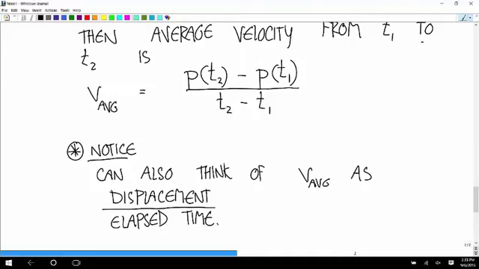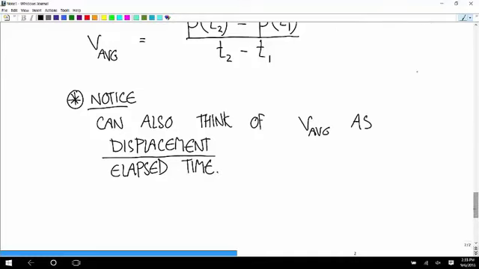The elapsed time is always positive. And the displacement can be positive or negative depending on the net direction that the thing moved. And so average velocity can also be positive or negative. And the sign has to match the sign of the displacement. So again, that average velocity tells you overall what direction you moved from the earlier instant to the later.